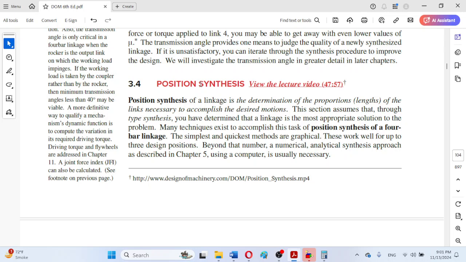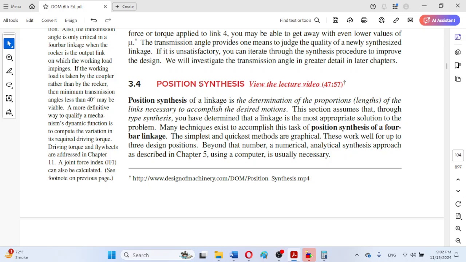Position analysis can be made graphically or analytically using some algebraic relations, which is covered in chapter number 4, position analysis. Whereas position synthesis is the determination of the sizes, proportions or lengths of the links by specifying or drawing the positions of the links.